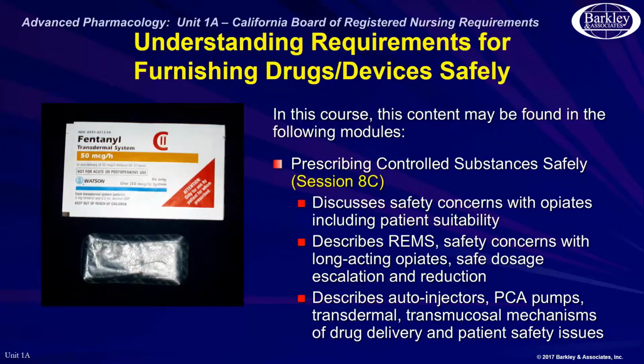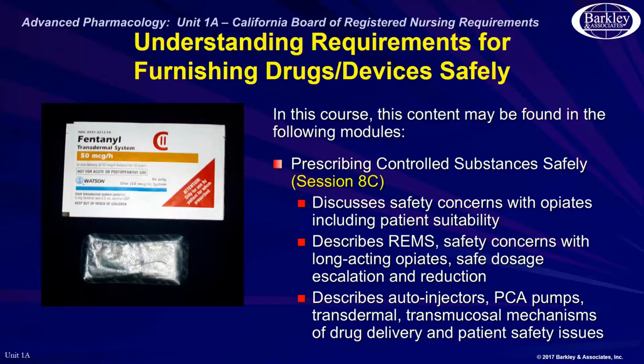This session also describes risk evaluation mitigation strategies. How do we know which drugs can be used safely in which patients and which drugs have safety warnings or black box warnings or times when we maybe should discontinue drugs in certain patients?